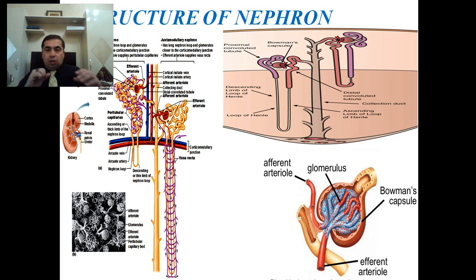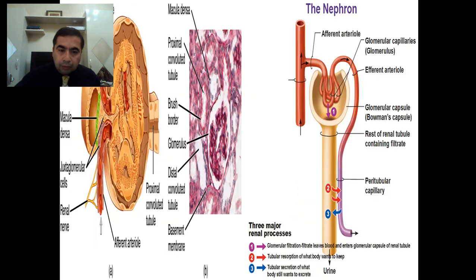The extrarenal part, of course, consists of the ureters, urinary bladder, and the male or female urethra. In this picture, you are again looking at the structure of the renal corpuscle, and our vas afferens is here, and the vas efferens also is here, and the renal capsule.